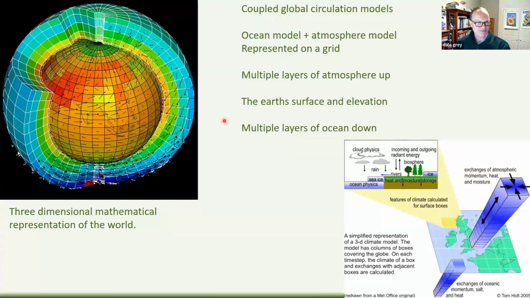But what you've got in these models is that there's boxes. The model is made up of boxes, or cubes really, and there's boxes on the surface of the earth that work on the elevation and the land use and the tree cover and those sorts of things. And then you've got layers of atmosphere above that, and some models might have like 20 layers of atmosphere coming out from the surface.